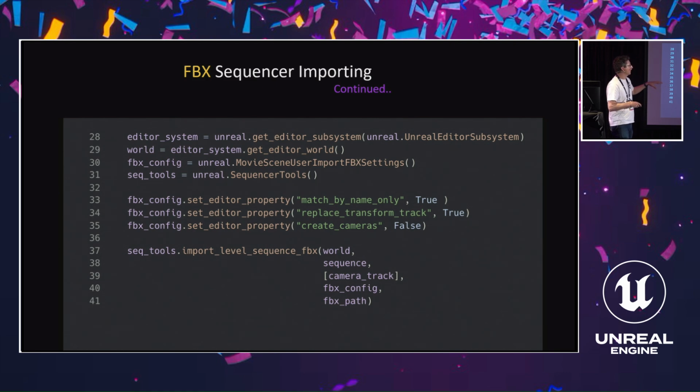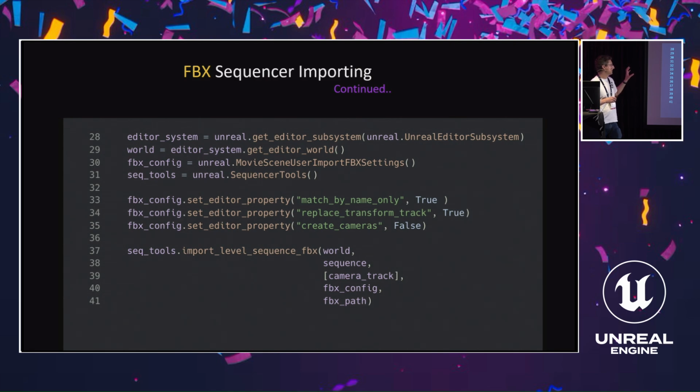To import a camera, you go unreal.get_editor_subsystem, you get the Unreal editor subsystem. Once again, you have to find the world. Then you use a MovieSceneUserImportFBXSettings, which is different to the other FBX import UI settings. And then you have to use the sequence tool.